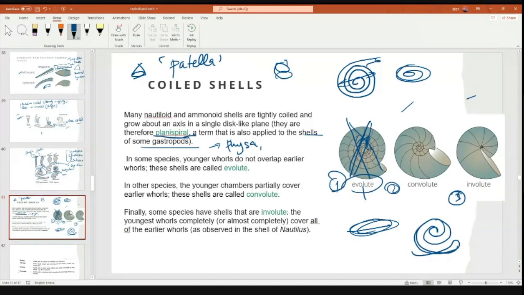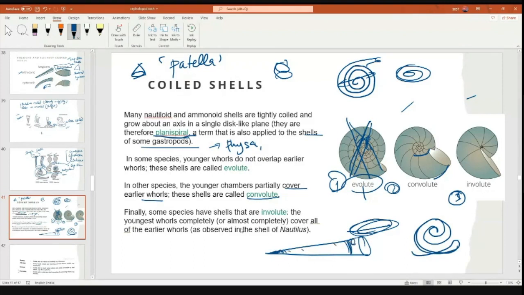Next one is the convolute. In some other species, the younger chamber partially covers the earlier chamber. This will be the younger chamber. Why are we calling it younger, guys, can you tell me? This one is the earlier one and this will be the younger one, because when the cell generation happened, suppose this organism was secreting a calcareous shell, it secreted and came up to here.